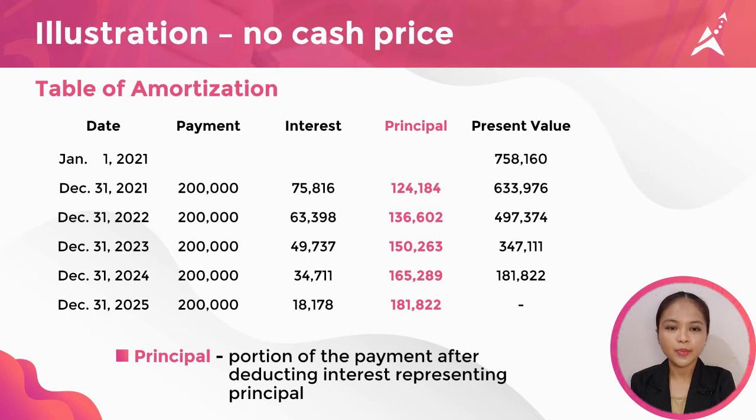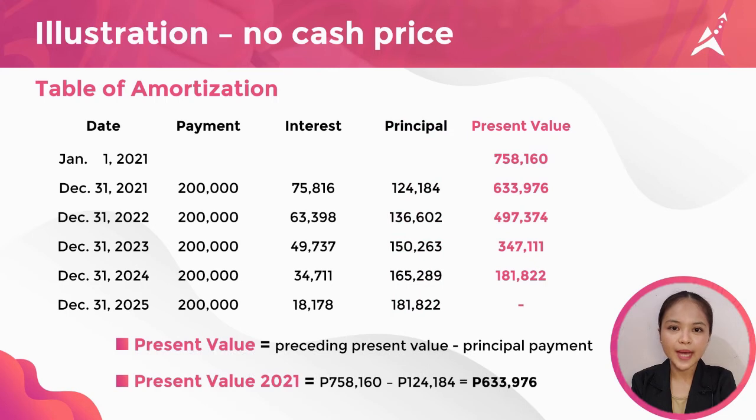Let's now move to the fourth column, which is the principal. The principal is the portion of the payment after deducting interest. Hence, for December 31, 2021, the principal is 124,184 pesos, which is the difference of the 200,000 pesos annual installment or payment and interest of 75,816 pesos. Lastly, the column for present value is the balance of the preceding present value after deducting the principal payment.